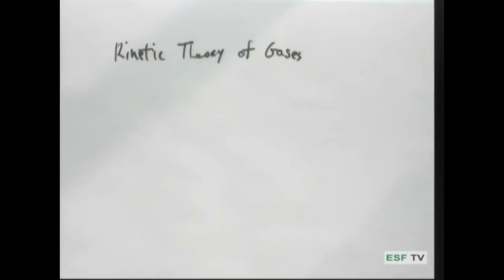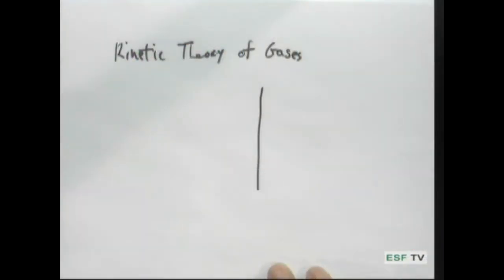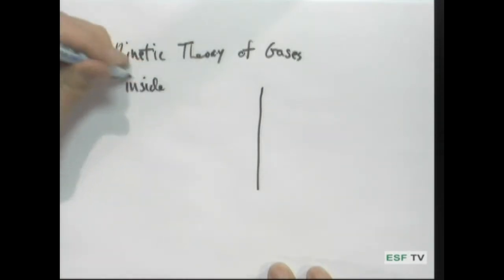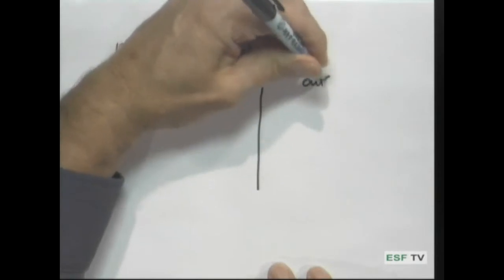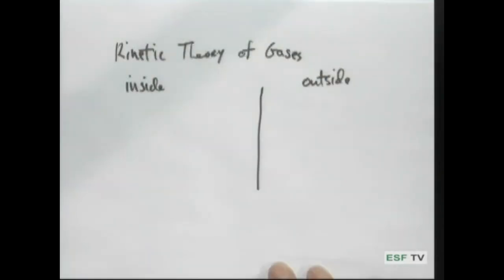The kinetic theory of gases says that the pressure actually comes from an interaction between the kinetic energy in a gas molecule and the walls of a container. So let's take the wall of a container right here. This is inside the container, and this is outside over here.